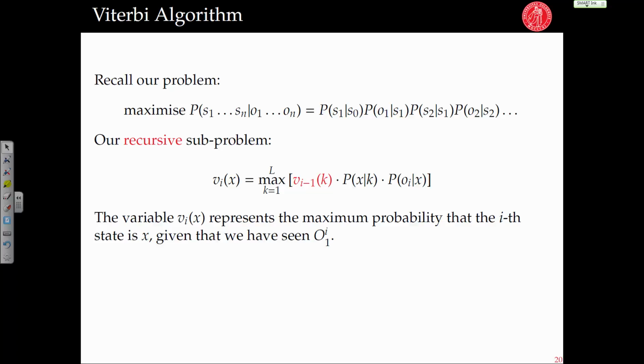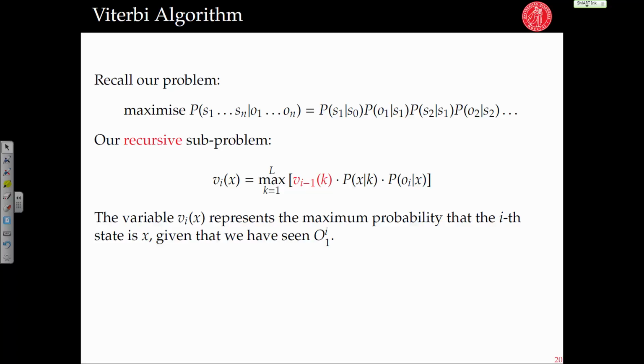By defining this as a recursive problem, we say that we can look up vi minus 1 of k, meaning we can find the maximum probability of the state k at time point i minus 1, given that we have seen the observation sequence up to i minus 1. This we have computed already, because this is how we define the recursion.